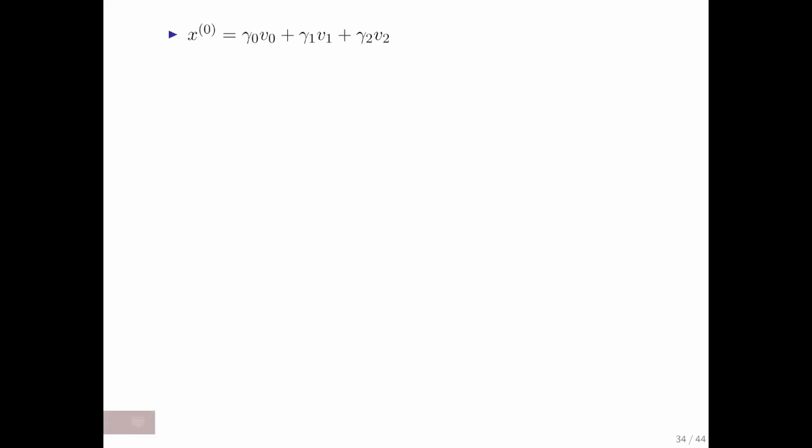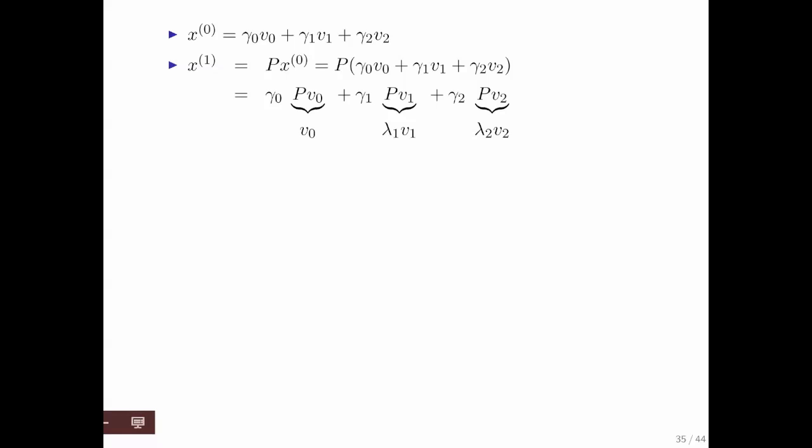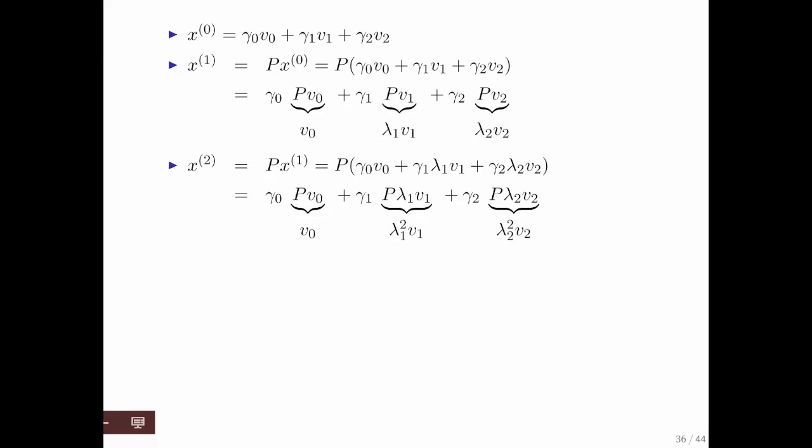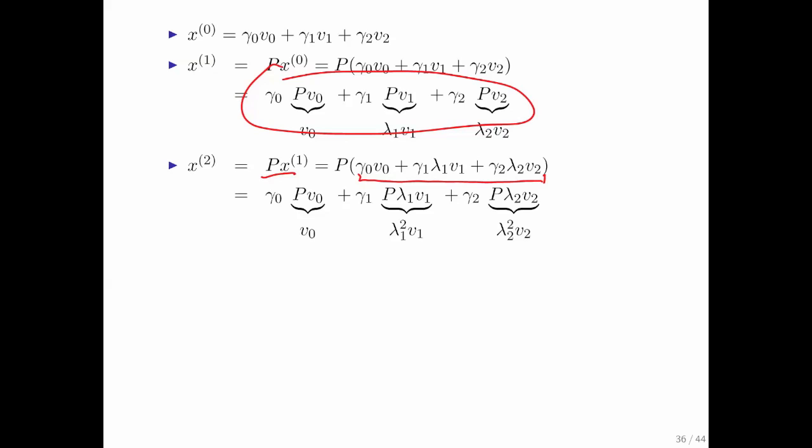Interesting. What if we keep doing that? So we start here. This is what we get after one step. We just talked through that. For day 2, we have to do P times the state for day 1. But the state for day 1 was given by this linear combination right here. We computed that right here. So we can do again the same trick of bringing P inside and putting it in there everywhere.